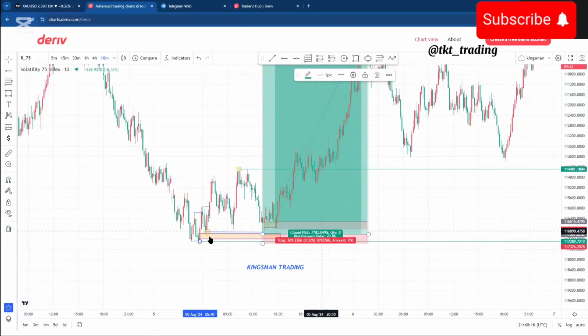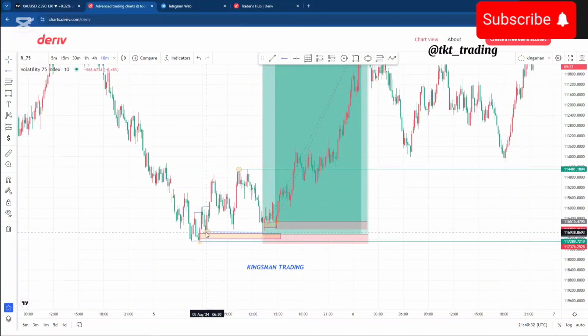So you've seen that price has swept liquidity. It came up here, gave us our transactional liquidity, then headed down and gave us our point B, which is our structural liquidity down here. See this candle down here is our structural liquidity.